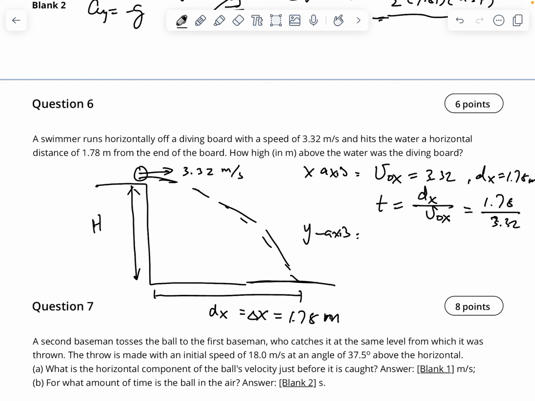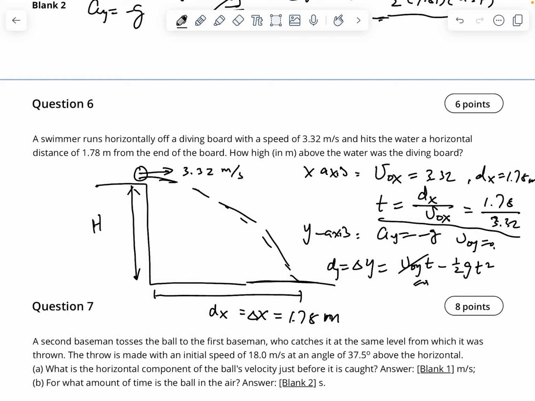In the y-axis, we know ay equals negative g, right? And v naught y is 0. So we can tell delta y, the displacement in the y-axis, dy, equals v naught y t minus half g t squared. This guy is 0, and we figured out the time, so plug in: equals negative 1 half times 9.81 times (1.78 over 3.32) squared. This is your displacement in the y-axis.